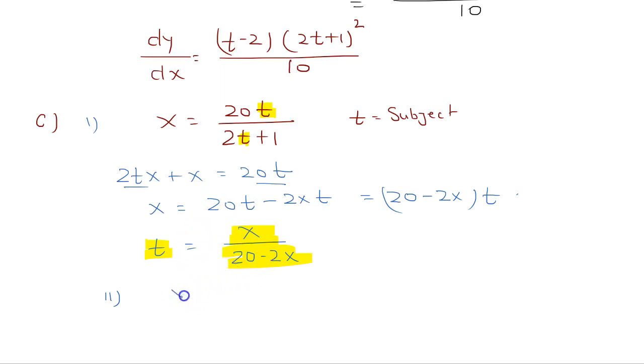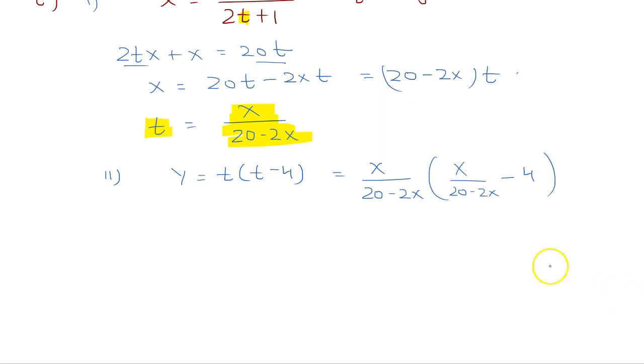Let's start with y is equal to t minus 4. That is x over 20 minus 2x, minus 4.